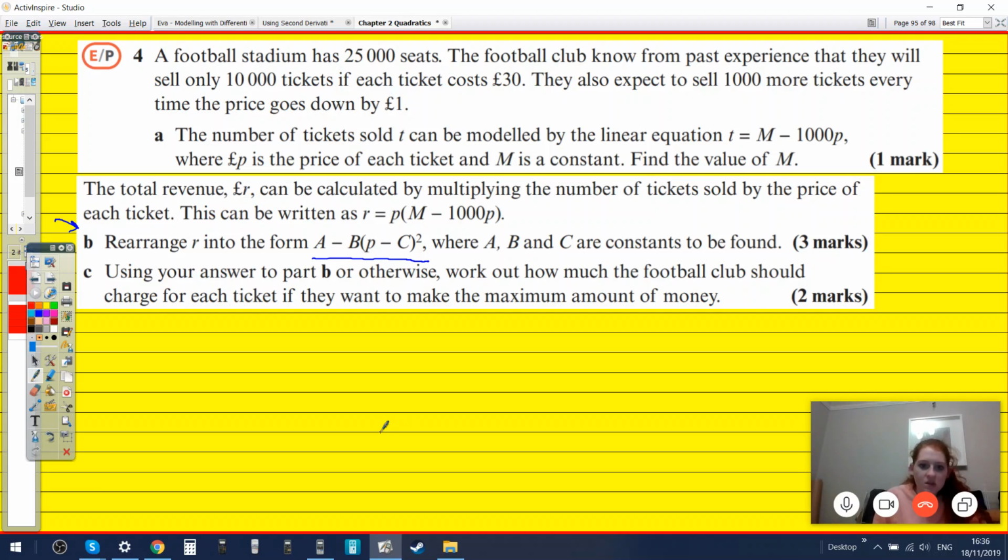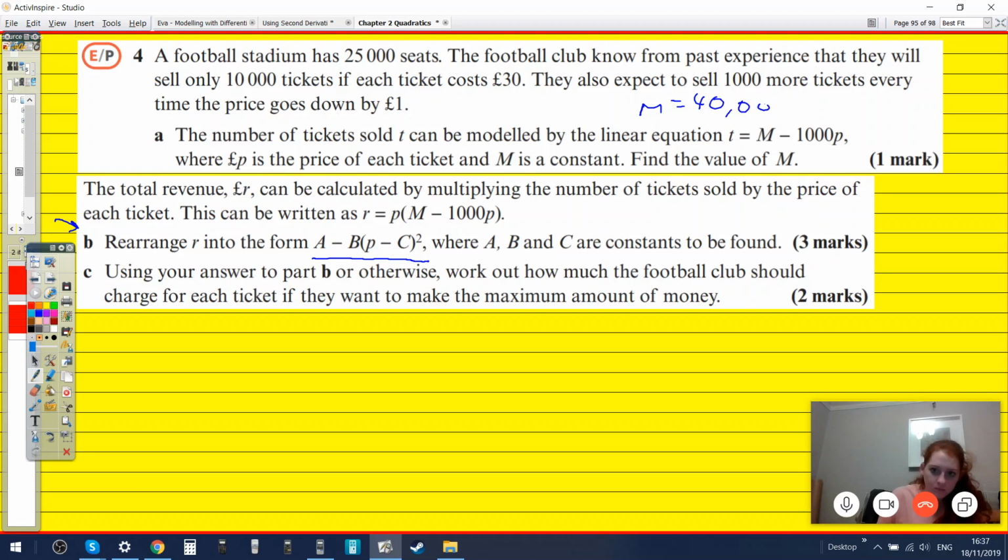Are we using for T 10,000 and for P £30? Yeah, we can sub in two known values. 25. So M's 40,000. M is 40,000, okay.